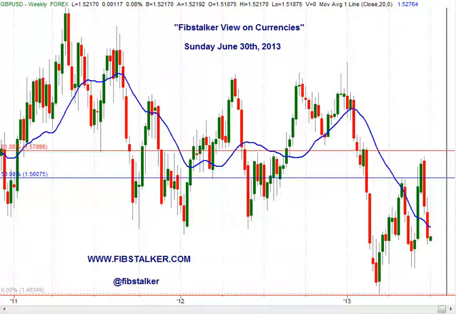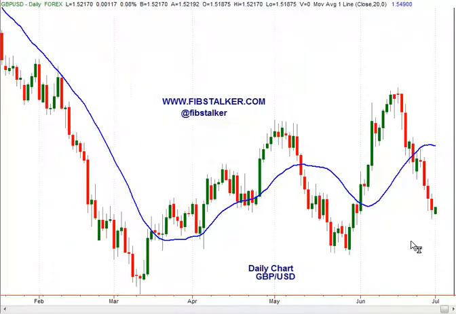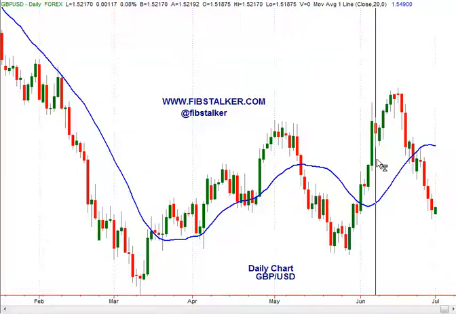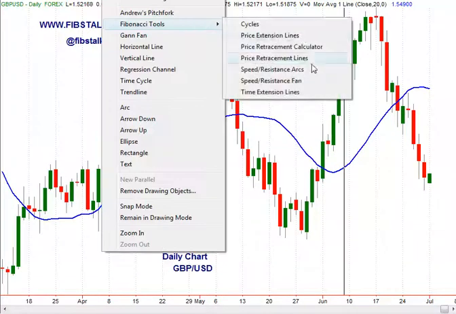The pound might be ready for maybe a retracement in the coming days. Just want to highlight to you the current sequence of measured moves that we can see on the daily chart.